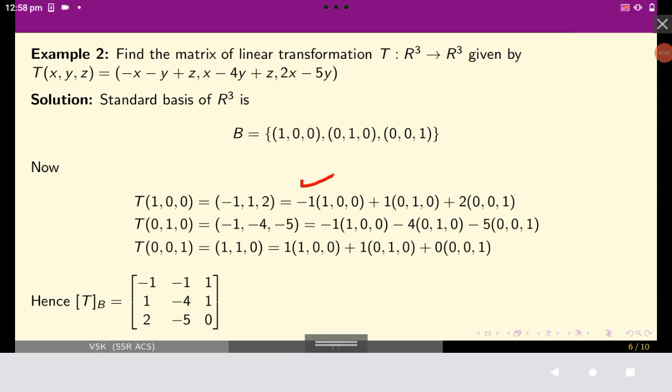So the first column will become minus 1, 1, 2. Second column will become minus 1, minus 4, minus 5. And third will become 1, 1, 0. So this is simply the matrix of the linear transformation.